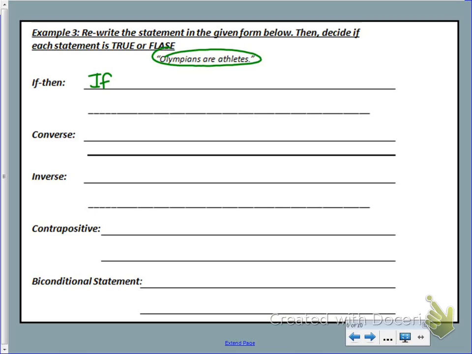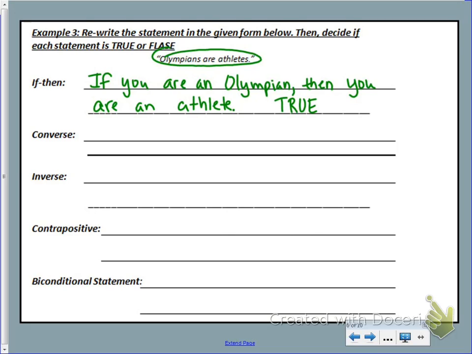So if, we don't want to just put if Olympian, we want to put if you are an Olympian, then you are an athlete. Well, ask yourself if that's true. If you are an Olympian, then you are an athlete. Yes, if you are an Olympian, you are actually a very good athlete. So that is true.